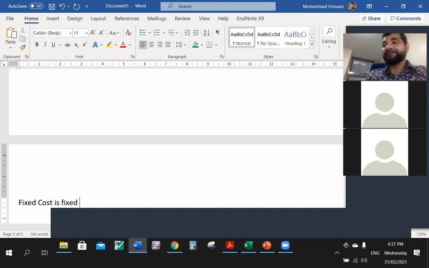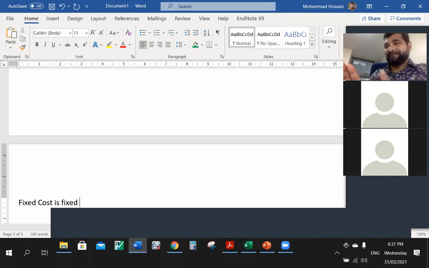That's fixed cost. And variable cost is the cost that will vary with your production level. The more you produce, the more the cost will incur. For example, let's say shirts. The more shirts you produce, the more fabric you need.